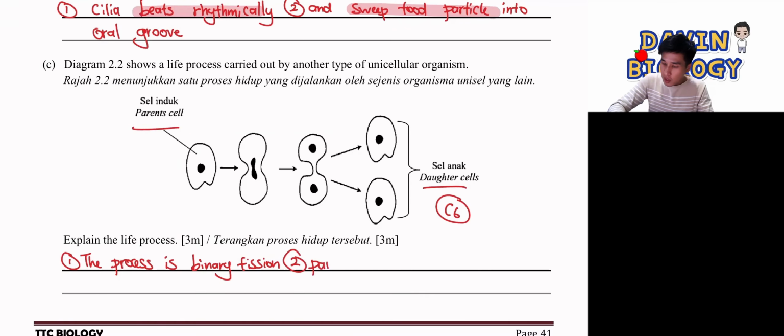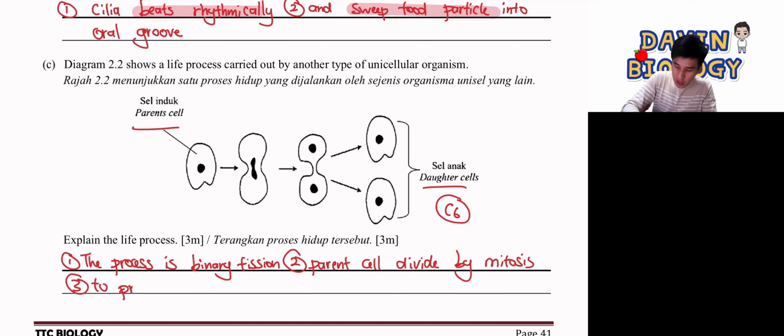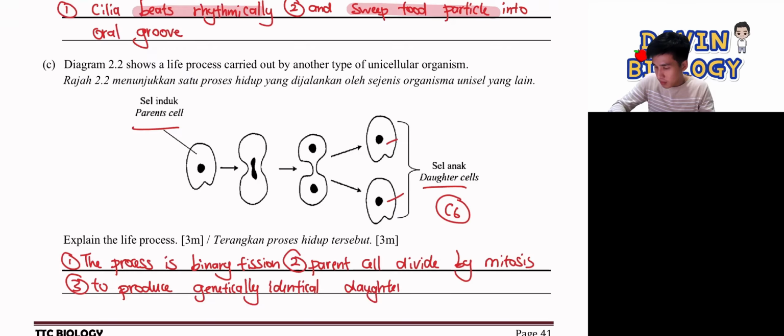I will say the parent cell will divide by mitosis to produce, when they undergo binary fission, both of these will be exactly the same. That's why we learn mitosis. They produce what we call genetically identical daughter cells.